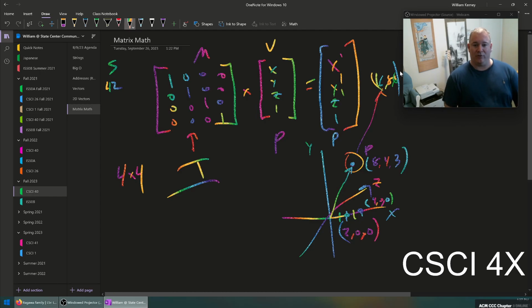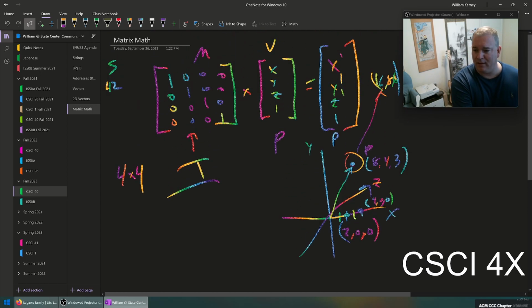And so you can multiply a matrix times a scalar, a matrix times a vector, a scalar times a scalar. You guys know that one already. 2 times 2 is 4. Yay, you got scalar math down. Scalar times vector, matrix times matrix, all the combinations. There are ways of doing it, and there are different uses for it. Today we're going to be focusing on matrix times vector. How does that work?